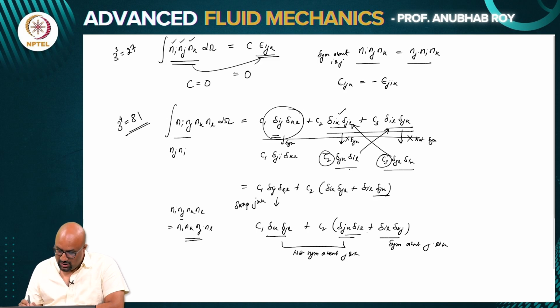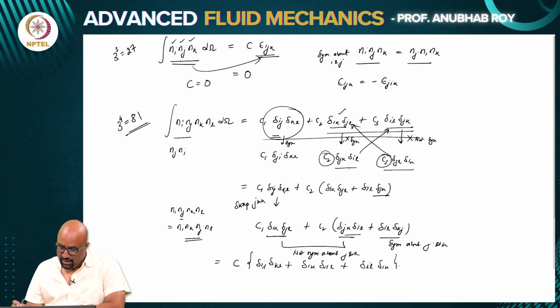But there is a solution. You look at this particular term delta jk delta il, and I have delta ik delta jl. Once again, if I compare the terms, if I choose the same constant, delta ij delta kl, delta ik delta jl, delta il delta jk.